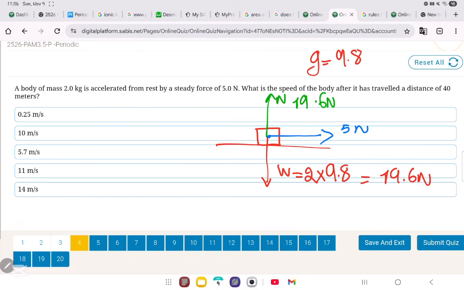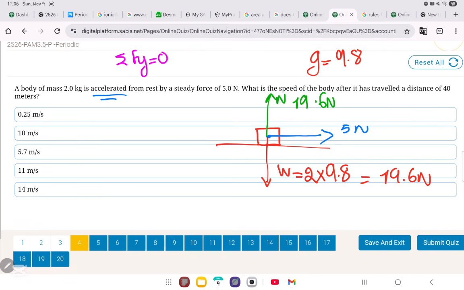This 5 newtons causes it to accelerate. So, sigma Fy is equal to 0, because it's not moving upwards, based on my free body diagram.